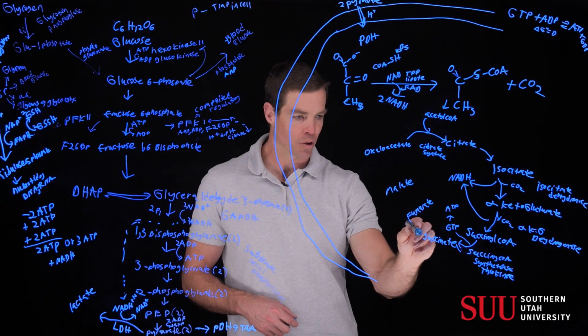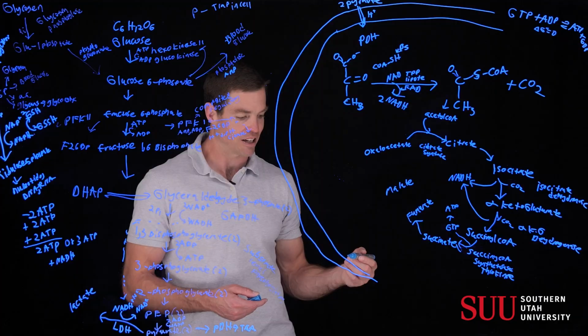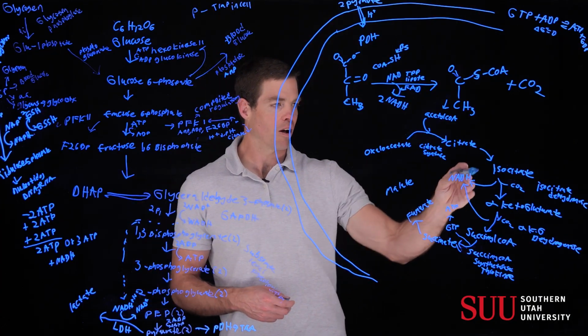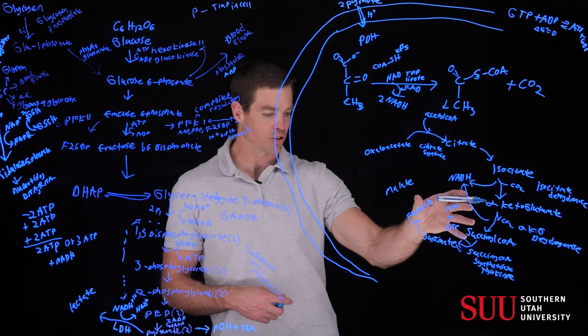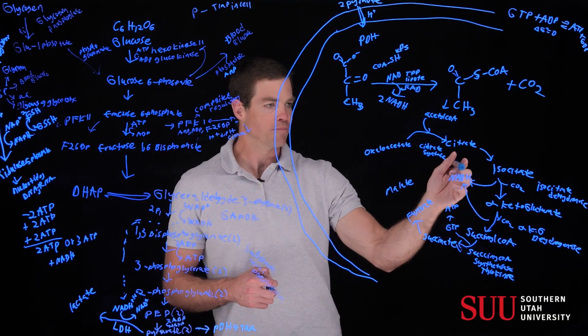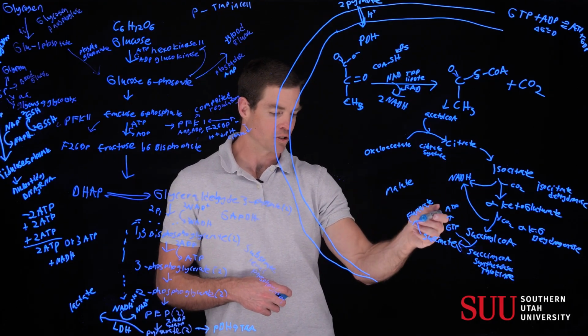Now we're going to go to fumarate. This is another important reaction, taking succinate to fumarate. It's interesting, every single one of these first steps is very important because they're contributing either electrons in the form of NADH or a GTP, and this one's no different.